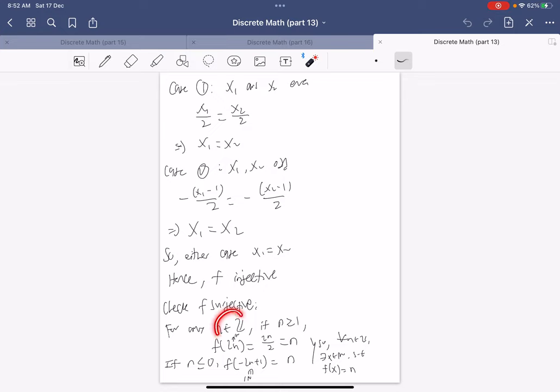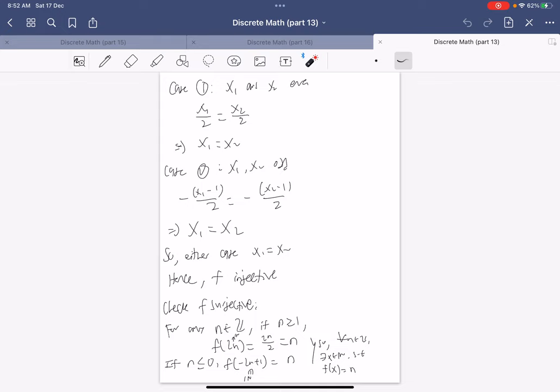Now we need to check that f is surjective. For any integer n greater than or equal to 0, you can take f of 2n, which equals 2n over 2, which equals n. And 2n will be a natural number.